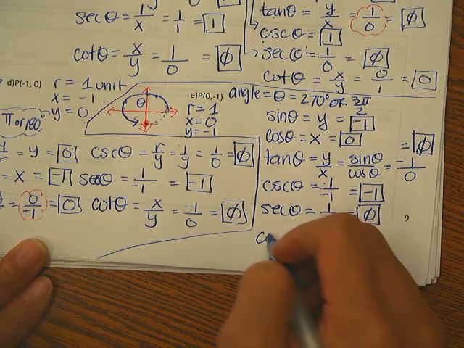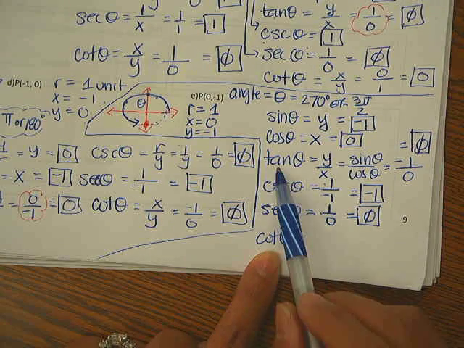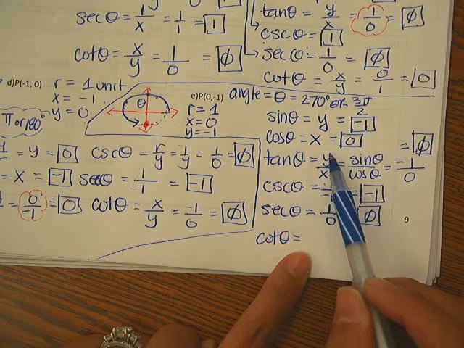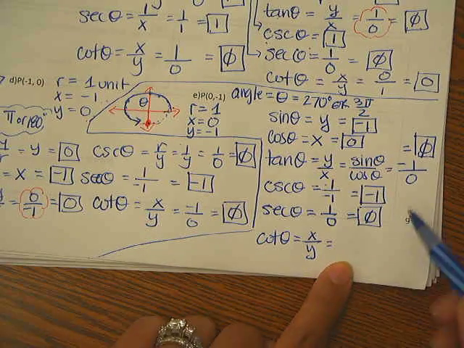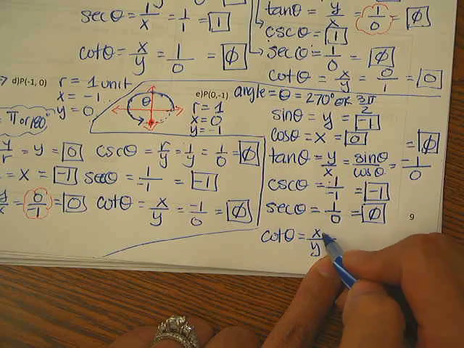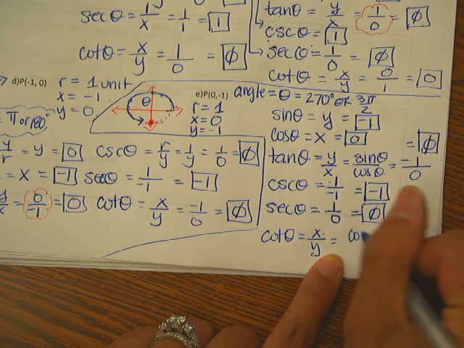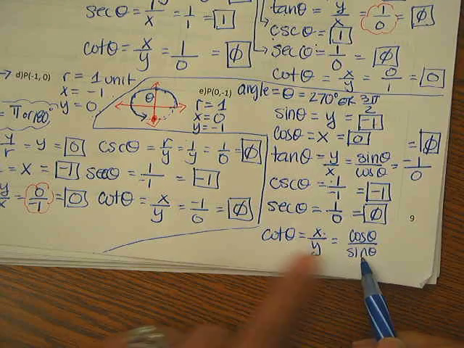Then the last one is cotangent of theta. Cotangent is the reciprocal function of tangent. Tangent was y over x, so cotangent is x over y. If I'm really stuck, I can actually use sine and cosine. X is cosine of theta, y is sine of theta, and this is always true.